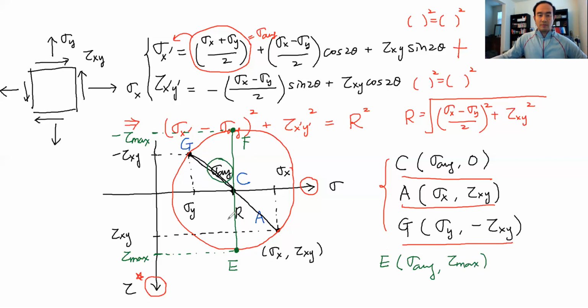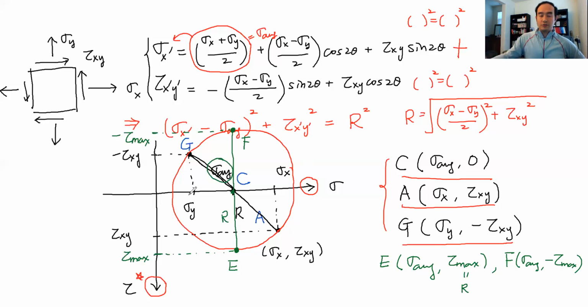It is exactly the same as R, the radius, the distance from C to E directly. So tau max is equal to R. Similarly, at point F, the coordinate is sigma average, comma, negative R, or negative tau max. Those are two special points on this Mohr circle.